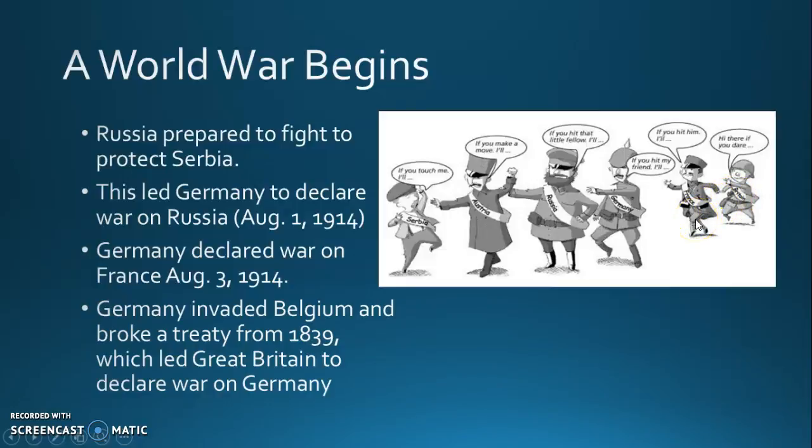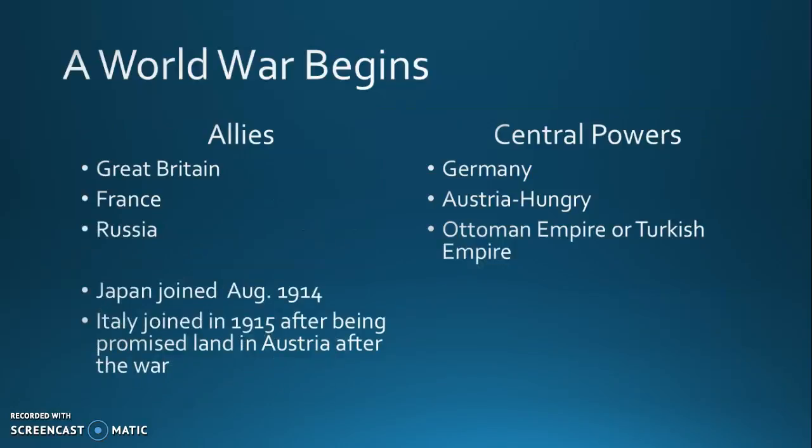So this is kind of what started the war: a lot of the different alliances, militarism, all of that stuff together just kind of blew up with the assassination of Archduke Franz Ferdinand. And now there's going to be a big war because everyone has each other's back.